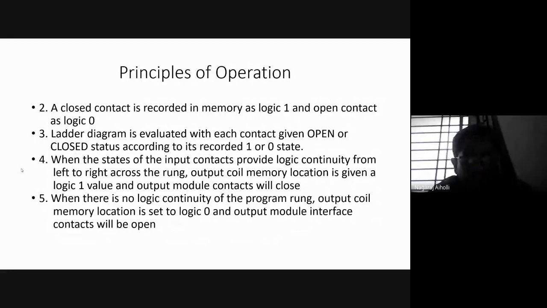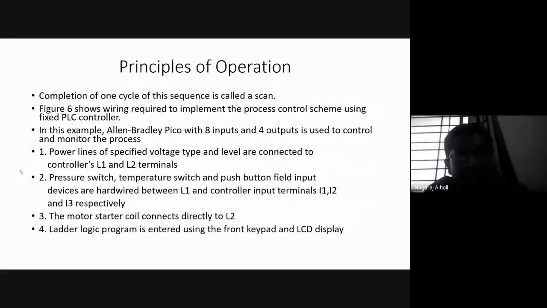That is, for the output coil, whatever the particular memory location in the PLC memory, that will be storing a 0 if there is no logic continuity anywhere in the input section, the output section, or the ladder rung diagram. Then this is called one complete cycle, and hence the sequence is called a scan or a scan cycle. Figure 6 shows wiring required to implement the process control scheme using the fixed PLC controller.